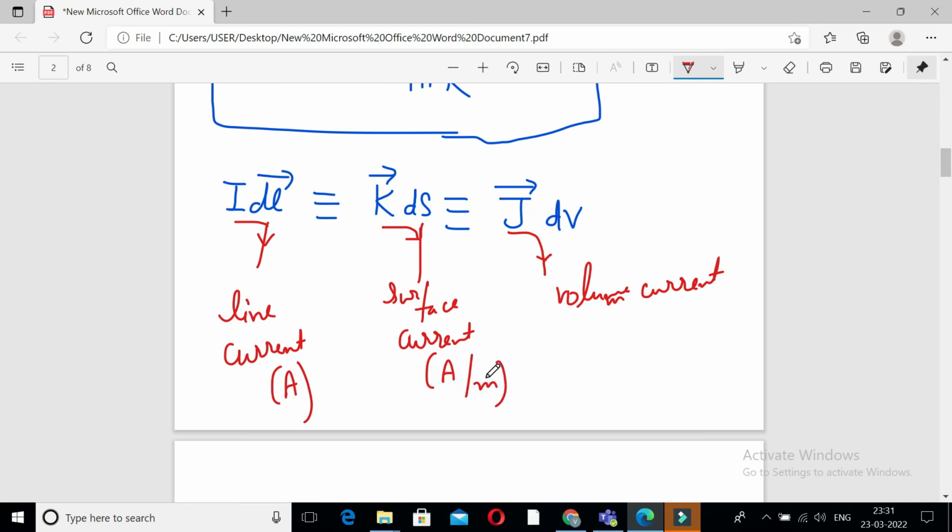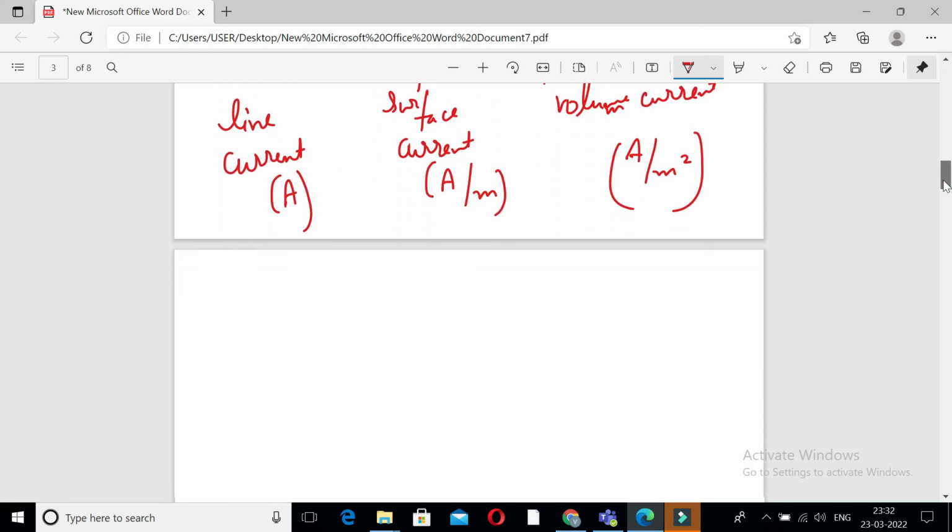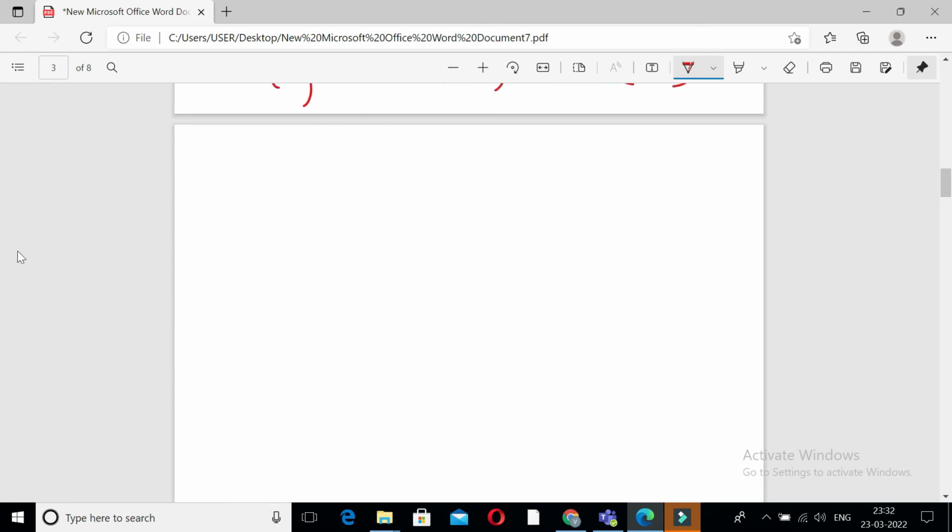Because I am taking the value across the width. Similarly, for volume current, the unit will be ampere per meter square, because I am taking only one face of the cube.